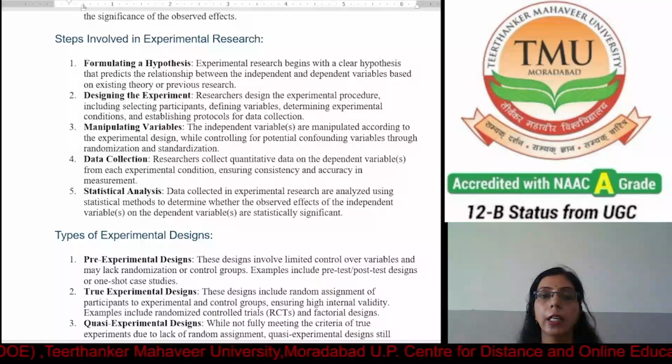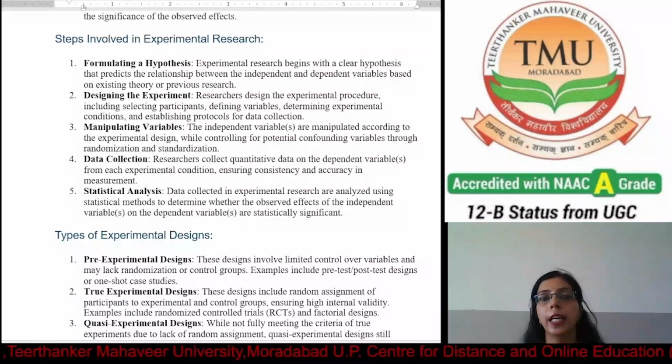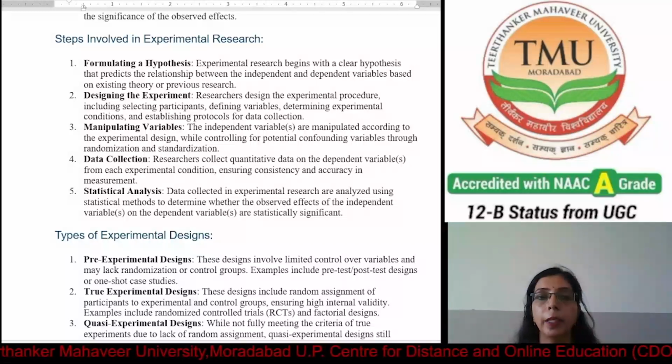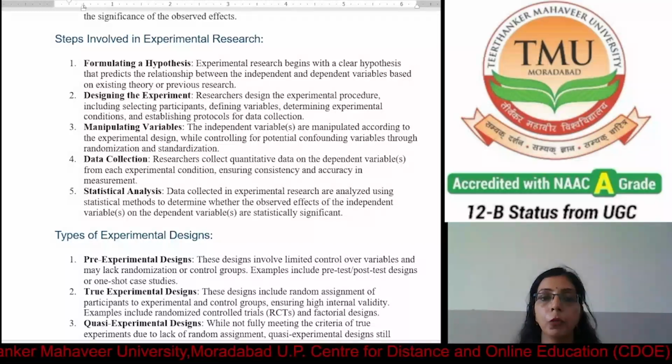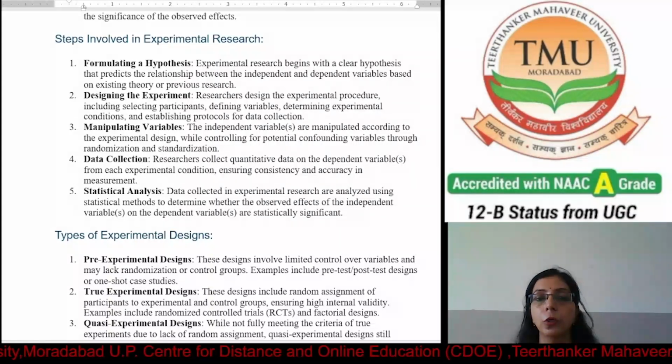Once again, I am repeating the four criteria: assign subjects randomly to the groups, assign treatments to the groups randomly, equate the groups to the maximum extent with respect to intervening variables, have post-test of all the groups involved in the experiment.